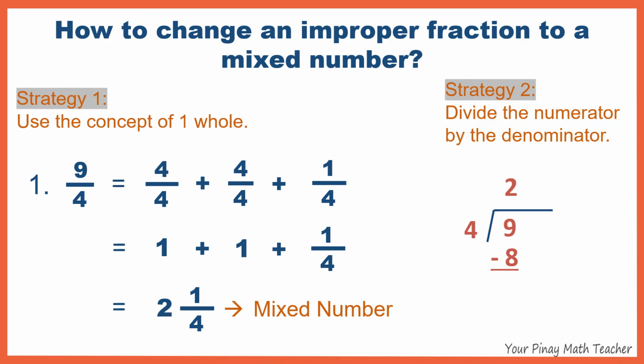Taking 8 from 9, we get 1 whole or 1 as the remainder. So the mixed number of 9/4 is equivalent to the quotient of 2 and the remainder 1 over 4, or 2 and 1/4.